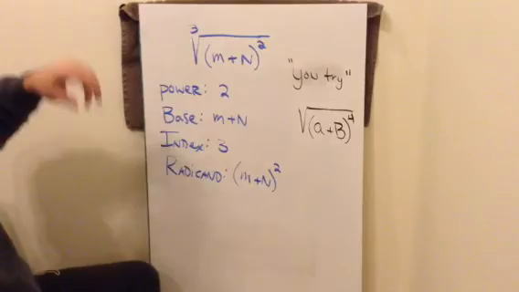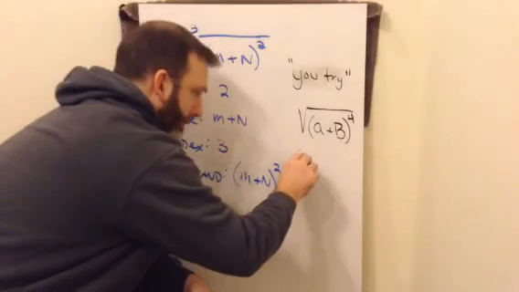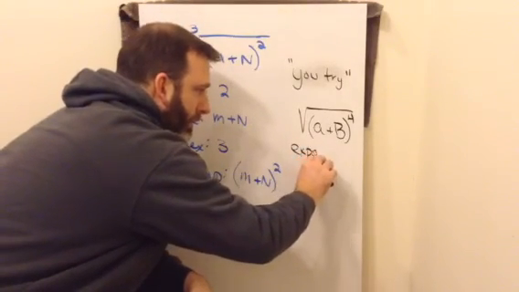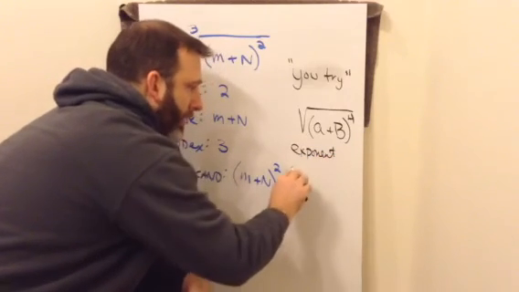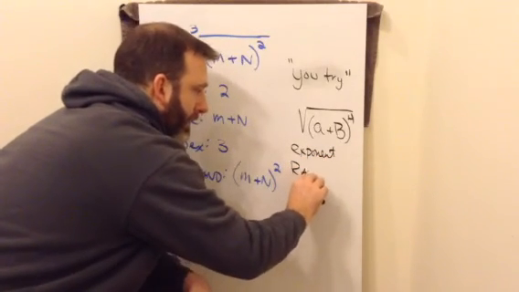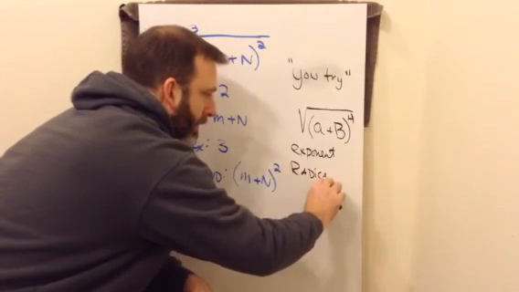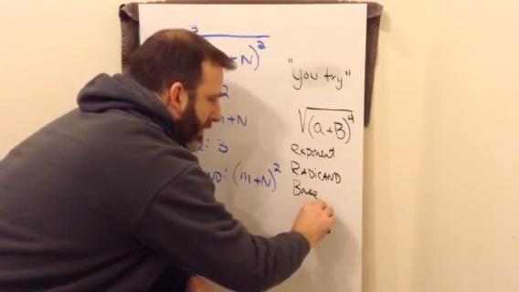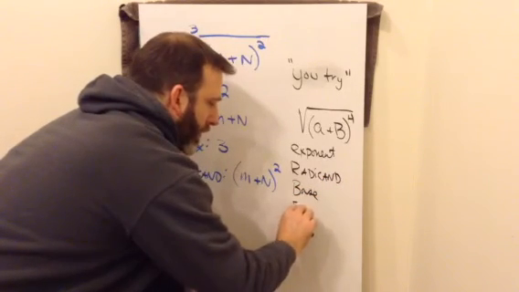I want you to go through and label the exponent, the radicand, the base, and the root.